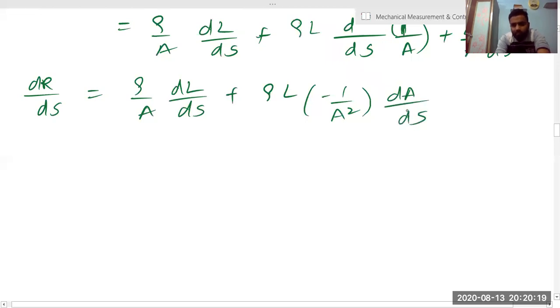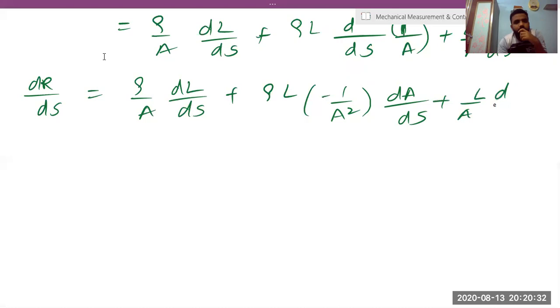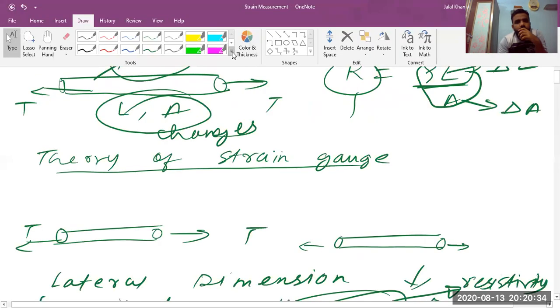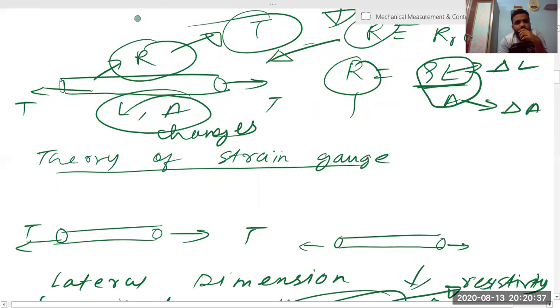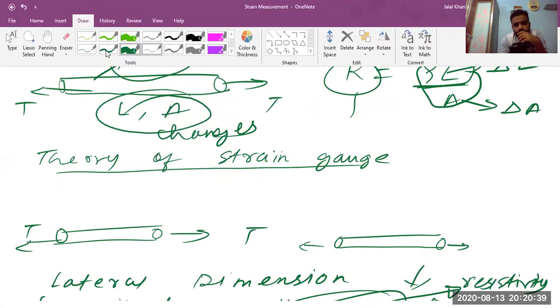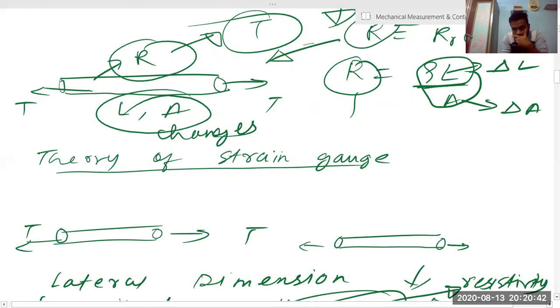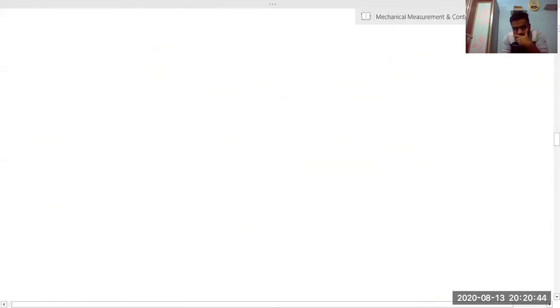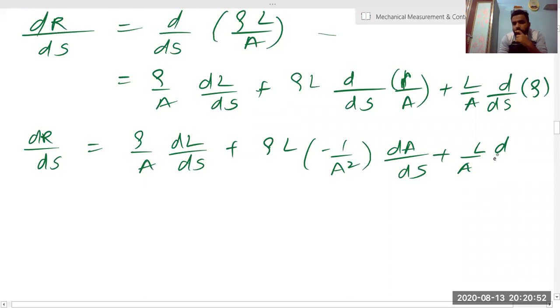Again L by A is constant and d rho by dS cannot be simplified further, so it stays as d rho by dS.